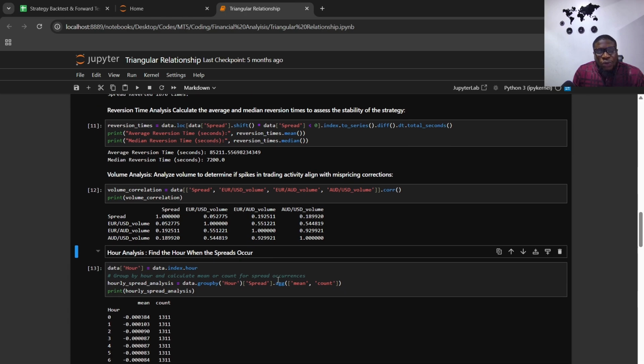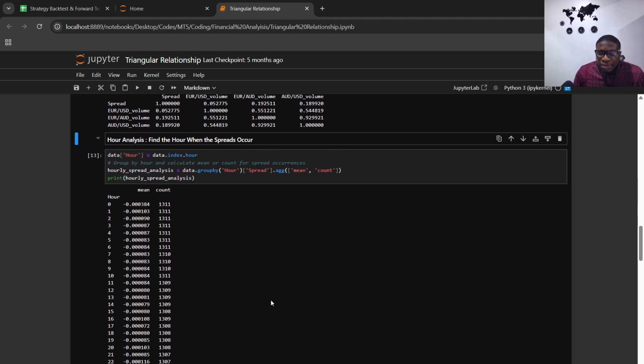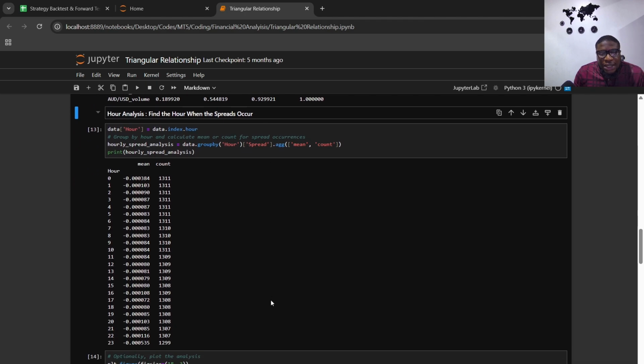Okay, so we want to further check the hours when this spread occurs. We called it the hourly spread analysis, and you can see we found that they occurred on average every hour. So the values are slightly the same. There's no exact hour where this mispricing is more likely to occur than other hours.